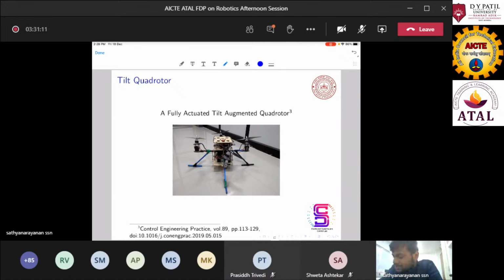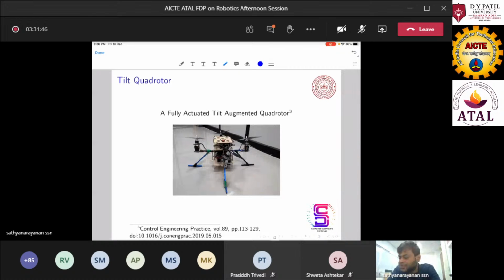This actually got published recently, in 2019, and people have started working on something like the tilt hexacopter also, because it has large angle capability. We can go to very large angles, whereas the tilt quad rotor has been limited.